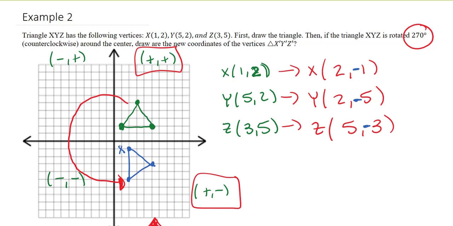I should have labeled this. So this is Z, this is X, and this is Y. You can see that if we rotated it 270 degrees, this is what it would look like.